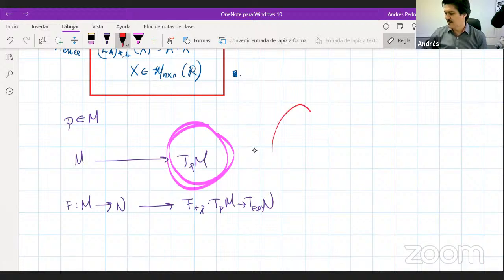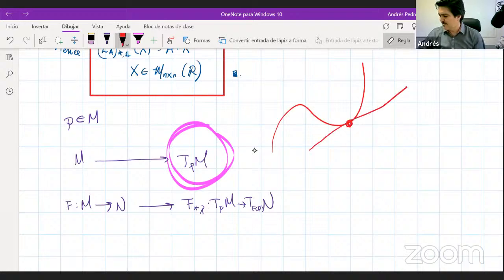So you have the function, the graph, and then you take a line. So the tangent line is the linear approximation to the graph. So in that way, it's more or less said that the infinitesimal aspect of the manifold or of the function in the second point that I have here.